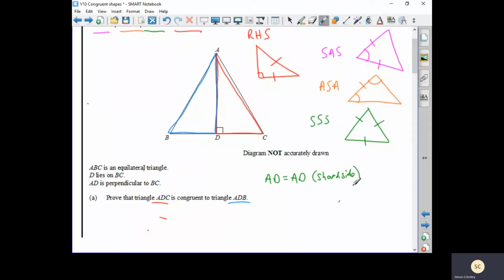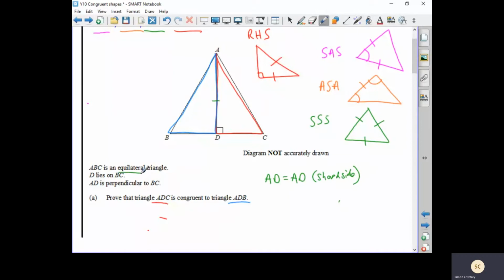And we have this idea that we've got one side ticked off. So we're maybe looking at the S we've got, but we need 3 facts to be able to prove our congruency. What else do we know here? Well, we're told that ABC is an equilateral triangle.